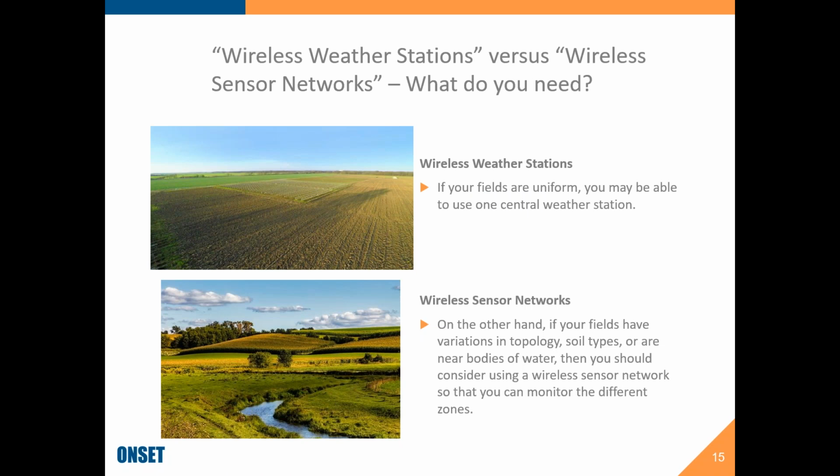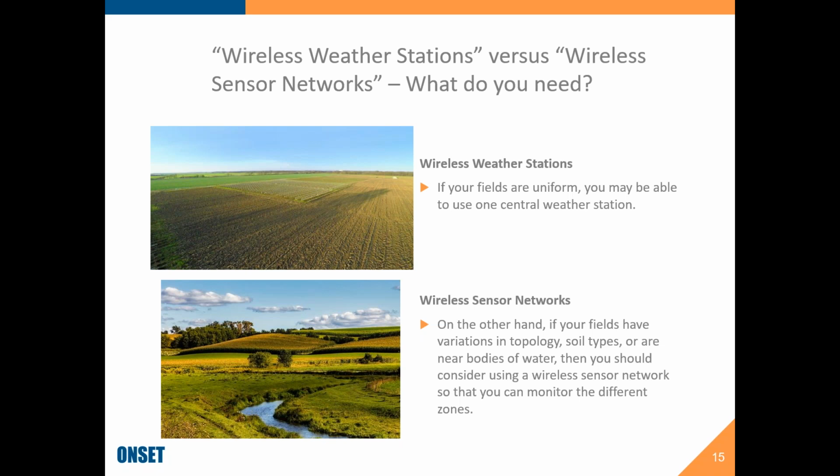But you may be able to use a single weather station. In the top case, if your fields look like that field, where it's just a big flat area, pretty much the same conditions, uniform soil conditions across that area, 1 wireless weather station may be all you need, because the weather at one end of the field is the same as the weather at the other end of the field.